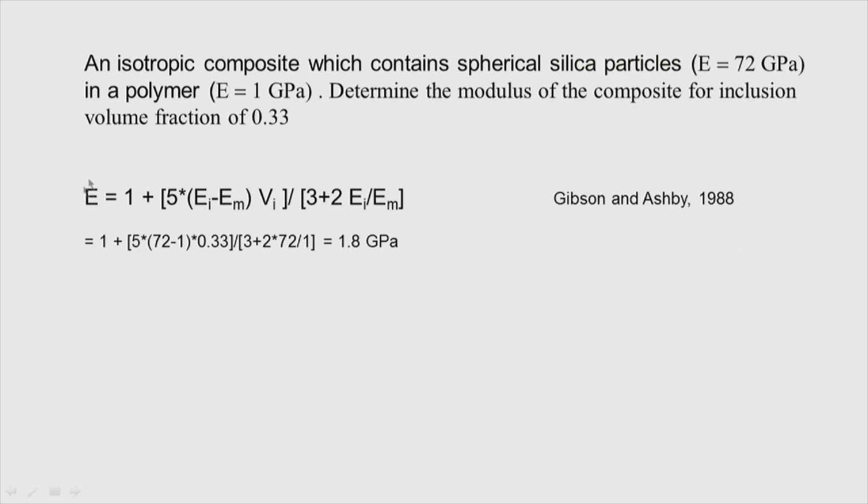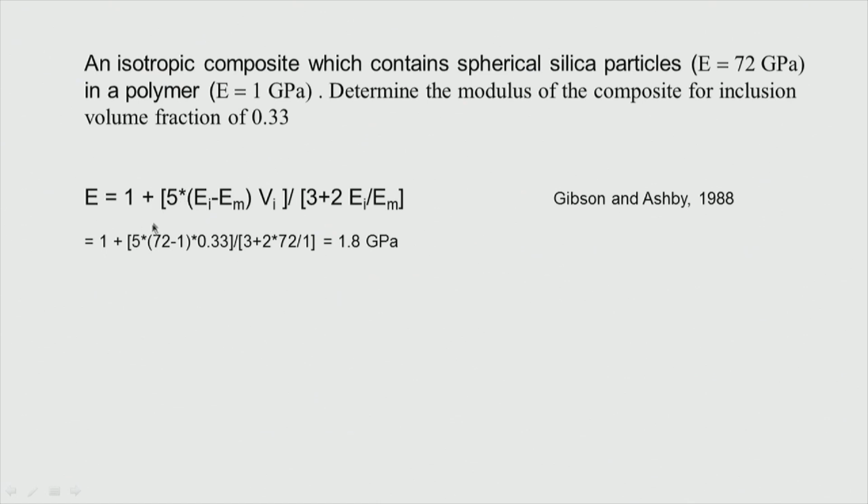E, that is modulus of this composite, is 1 plus 5 EI, that is the inclusion material which you are going to add, and this is the EM of the polymer, VI is the volume fraction, divided by 3 plus 2 EI by EM. EI is the inclusion material you are adding, EM is the polymer material. This is taken from this reference.